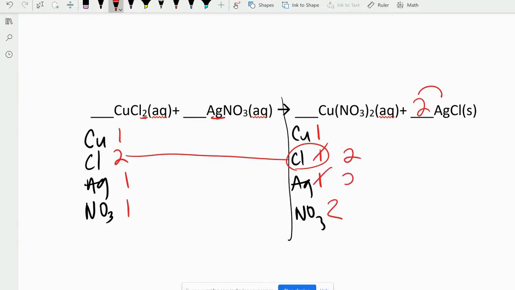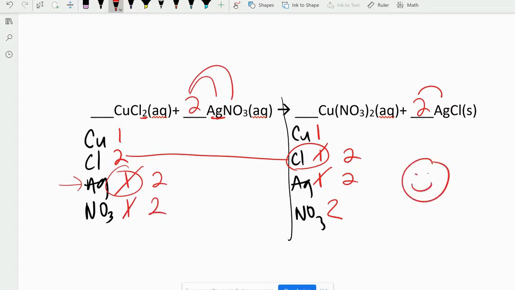So I'm going to go ahead and write a 2 next to the number that I just originally put, because now there are two. Now, what that does is it skews me off on the left side. I only have one Ag, but I could fix that by putting a 2 coefficient in front of that Ag. That 2 is distributed to the silver, so now I have 2, but now I also have 2 nitrates. And you can see that all of our numbers match and we are balanced.